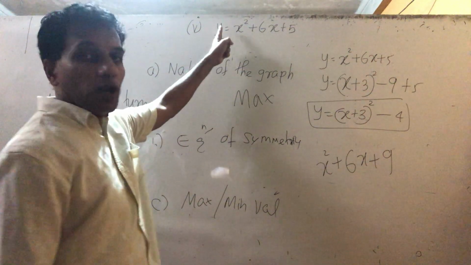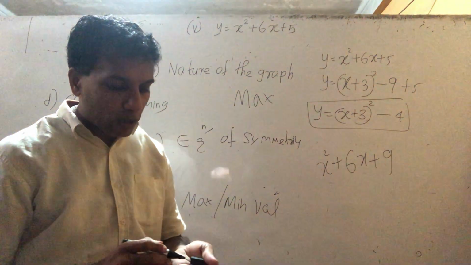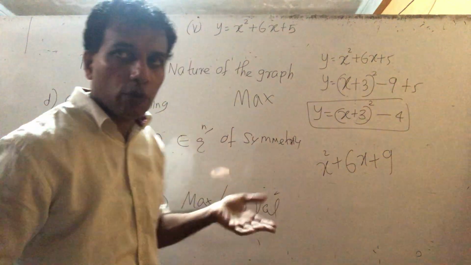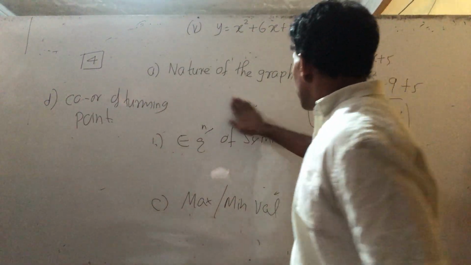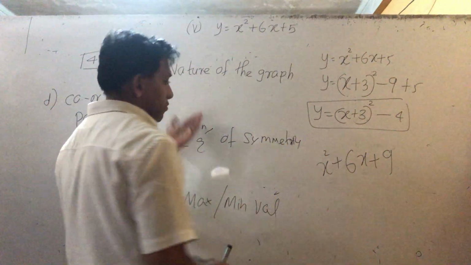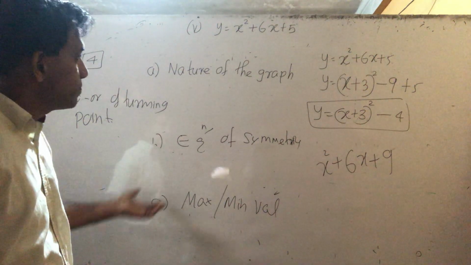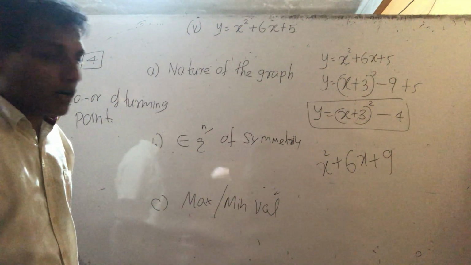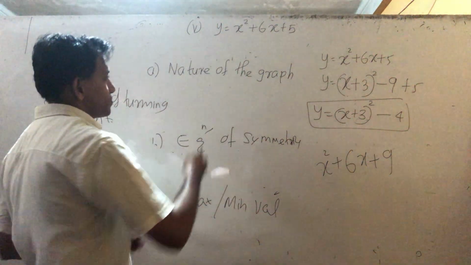Therefore, this problem should be converted to this pattern. Then only can you easily answer. Now I hope you can answer everything simply: nature of the graph, symmetric equation, minimum or maximum, coordinate. Nature of the graph: x squared is positive, so it is a minimum graph.